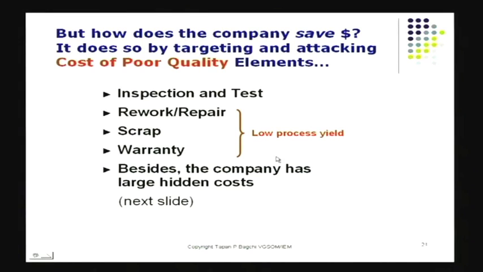In fact, it turns out that if you've got poor quality, that can be quantified in the form of cost of poor quality. You'll have high inspection and testing costs. You'll have a lot of repair and rework. You'll have a lot of scrap. You'll have a lot of warranty service, and these probably are going to reduce your process yield for sure. And of course, then you've got a lot of hidden costs also.